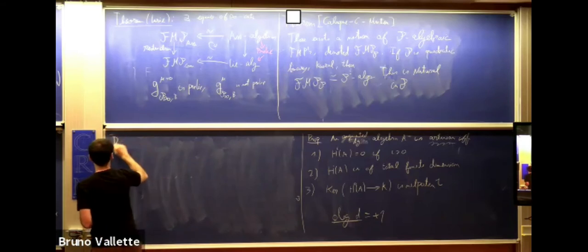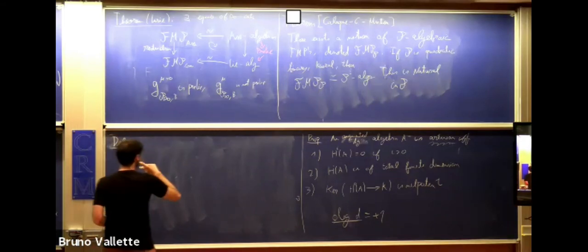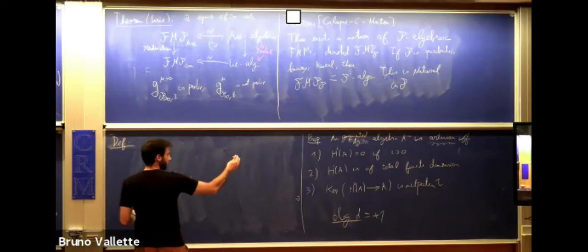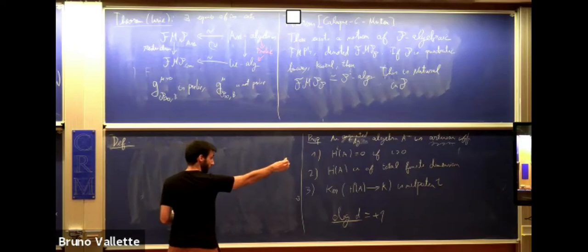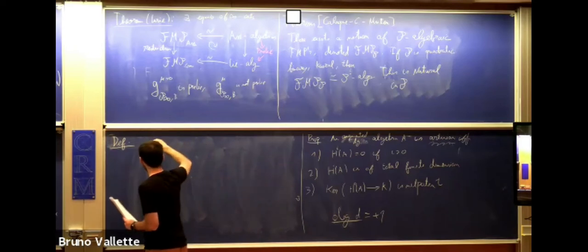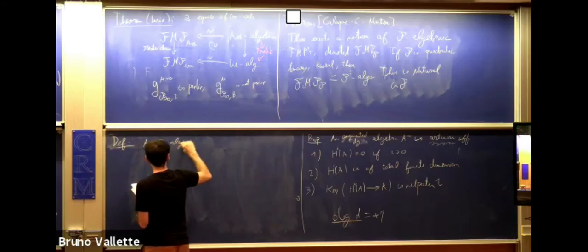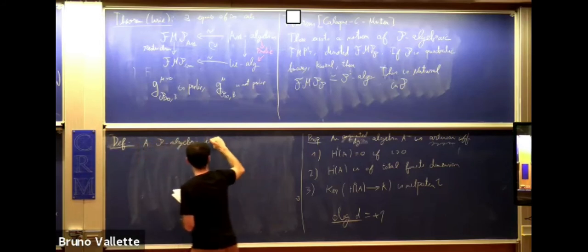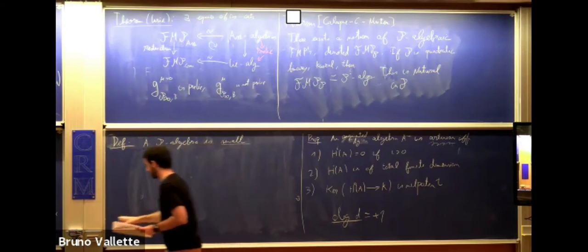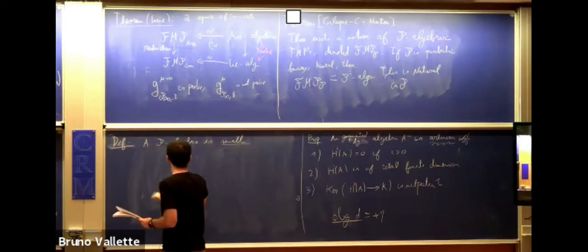The reason why I was making a mistake before is that now I want to use an analog of Artinian algebras, but I don't want to call them Artinian, for a reason that I will make clear in two minutes.